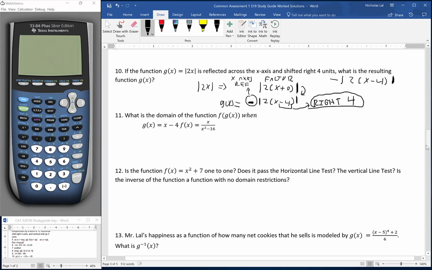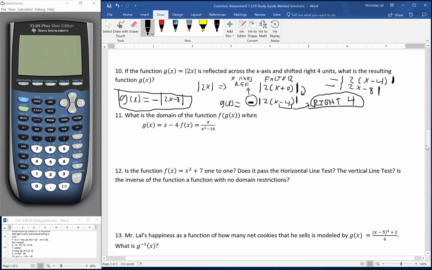If you want to distribute that, it becomes negative times the absolute value of 2x minus 8. So the answer here would be g of x is equal to a negative sign outside the absolute value of 2x minus 8, and that's your solution.